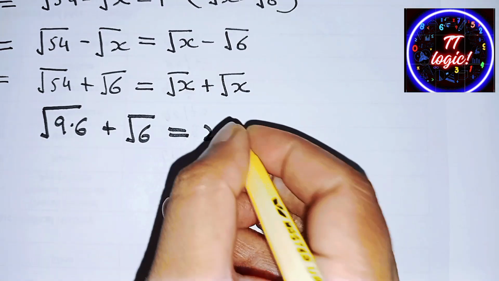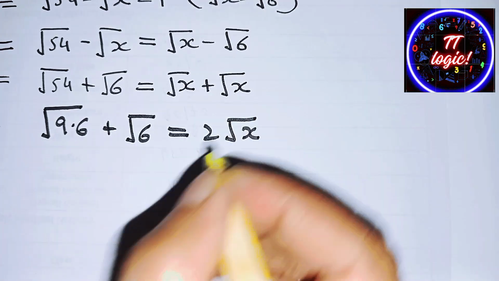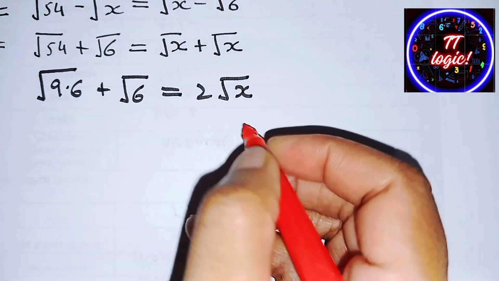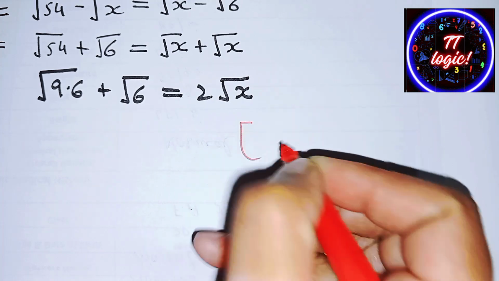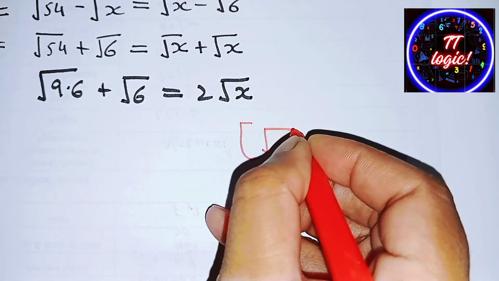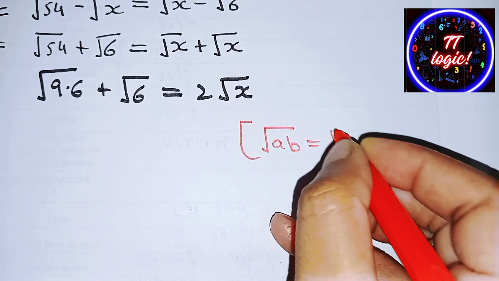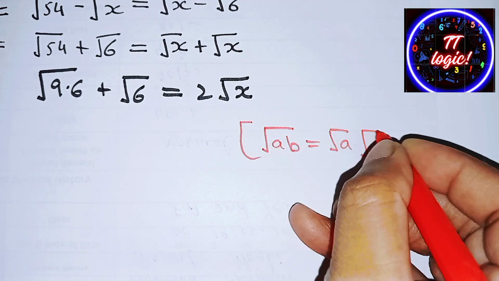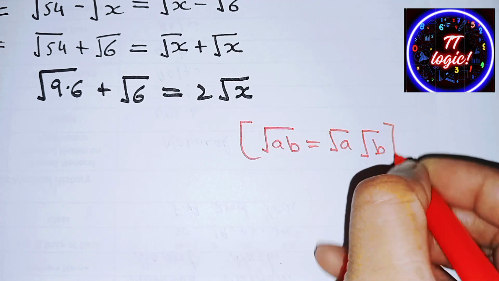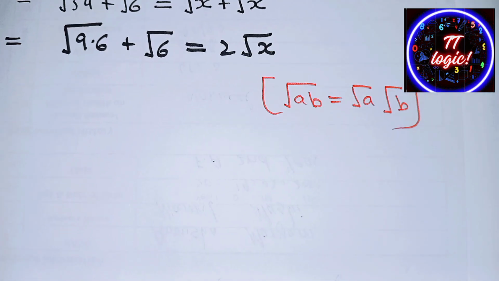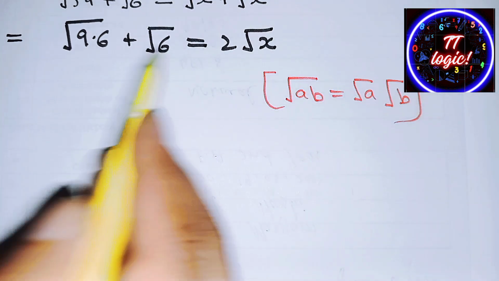We can solve this with the help of a nice formula: √(ab) = √a times √b. Here we can separate the square roots.